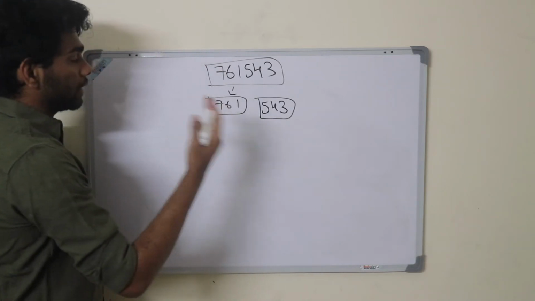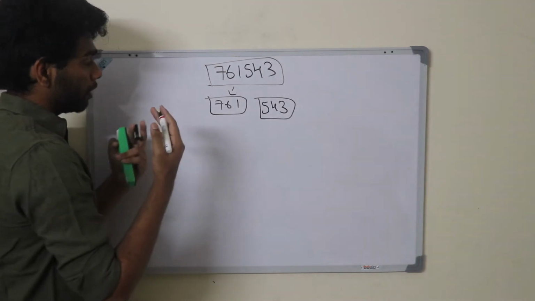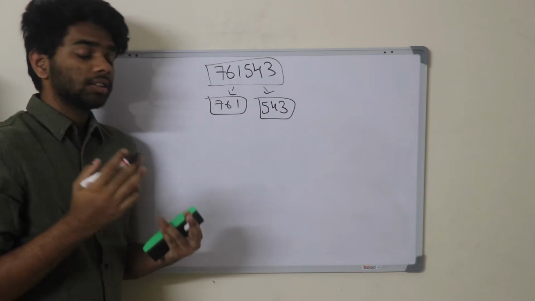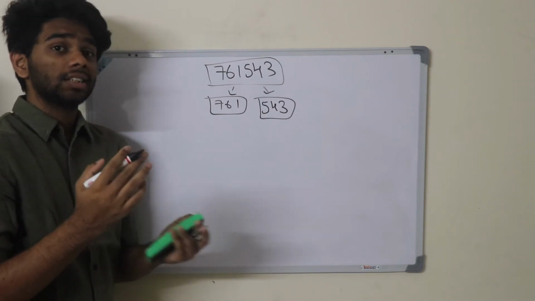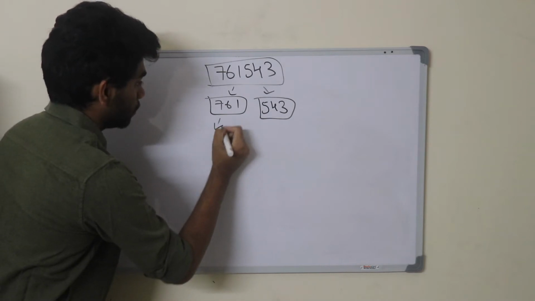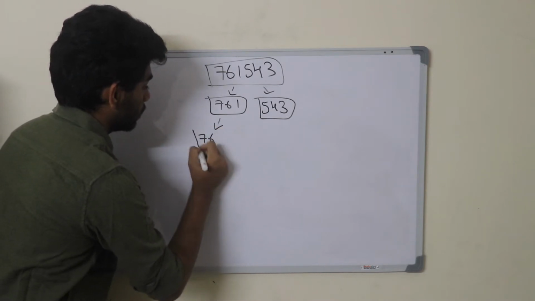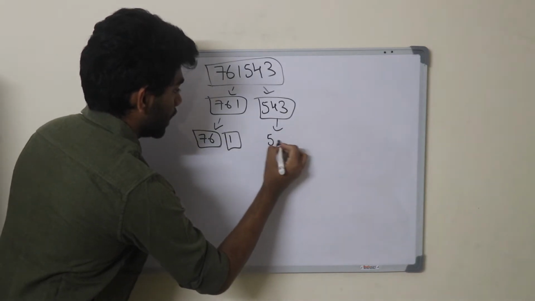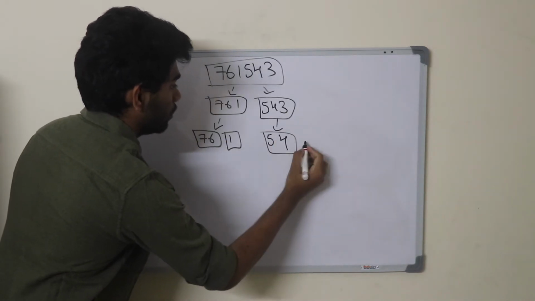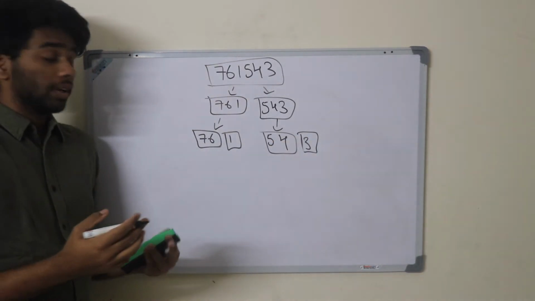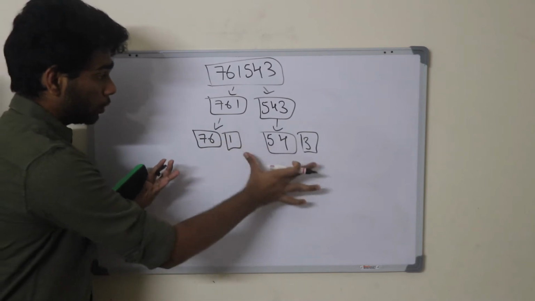For 7, 6, 1, we divide the sub-problems until we get single digit sub-problems. So again dividing it into 7, 6, and 1, and 5, 4, and 3. When we got this one, we got 2 single digit numbers.